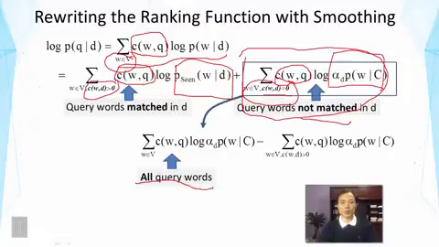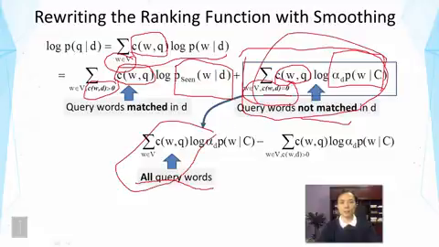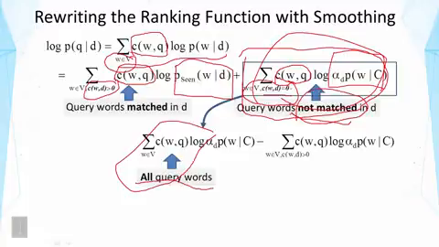Obviously, this sum has extra terms that are not in the original sum, because here we're taking a sum over all the query words, including those not matched in the document. So in order to make them equal, we have to then subtract another sum here.